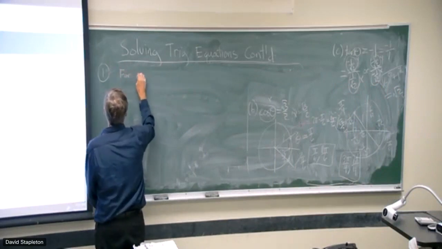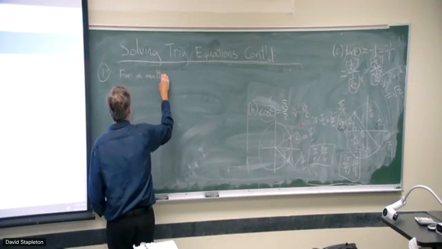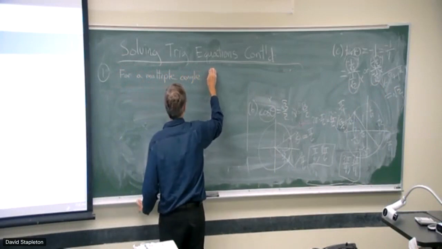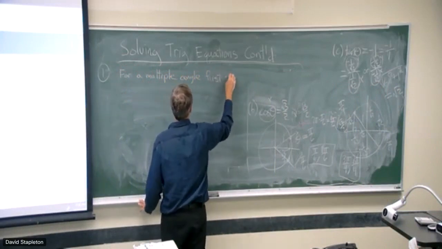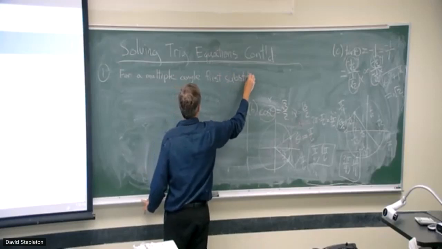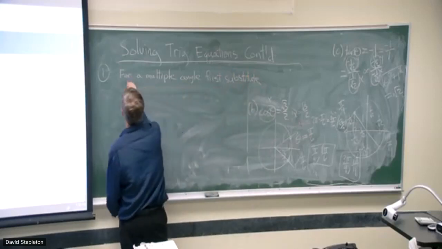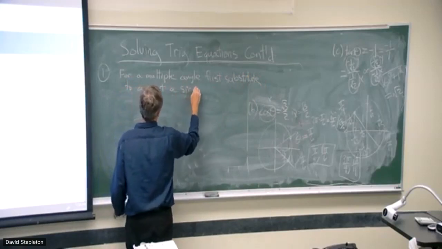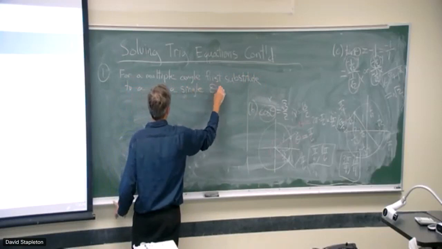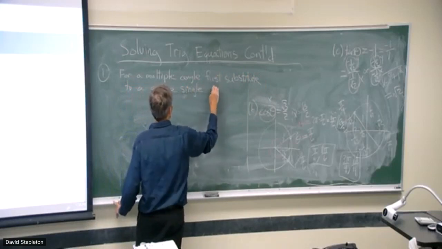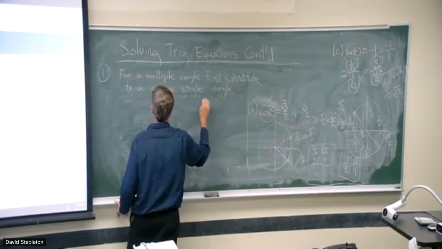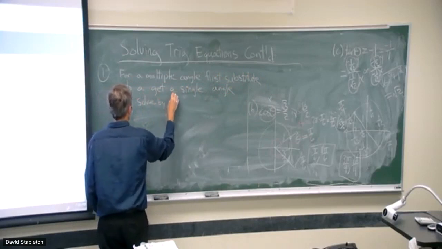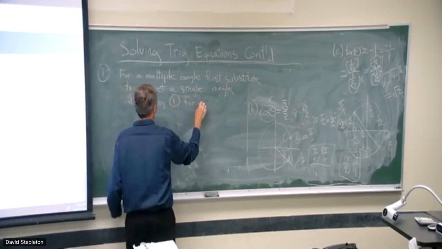For a multiple angle, a multiple of theta, first substitute to get a single variable, a single angle, theta, and solve by method 1 for all angles.